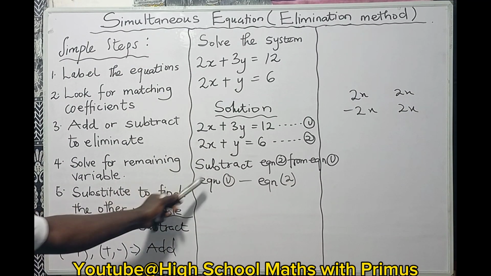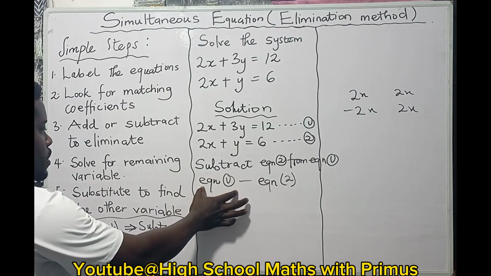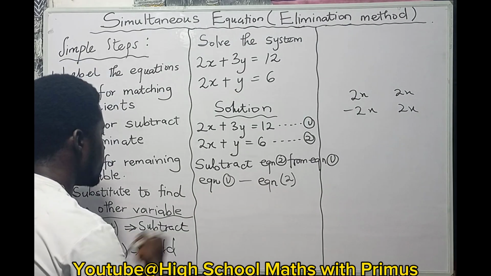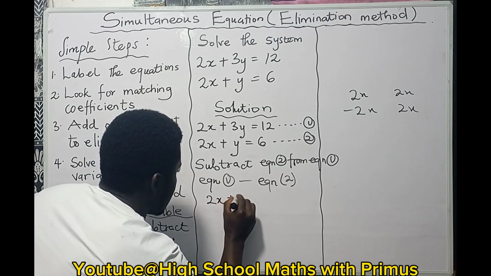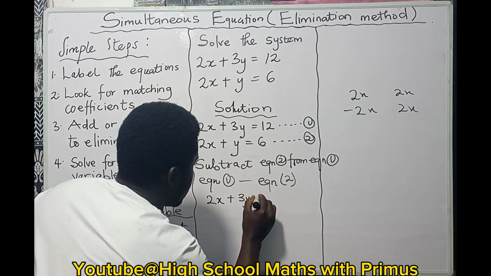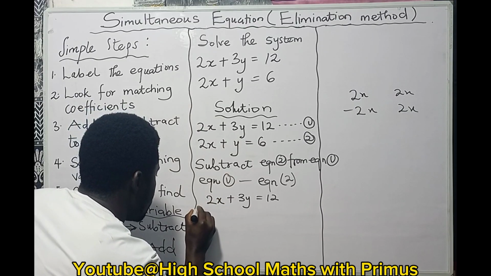All right. So as we are given the instruction, let's go on to subtract the two equations. First equation minus second equation. There's our first equation, 2x plus 3y is equal to 12. They said minus, so minus.